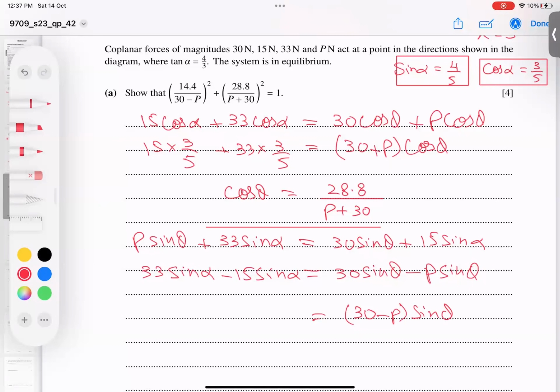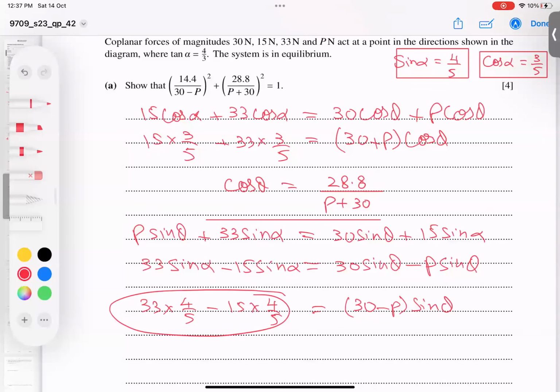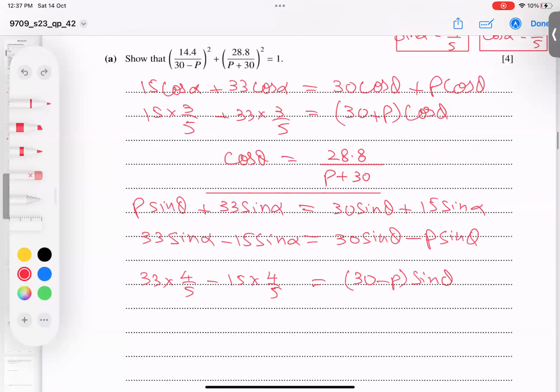I plug in the values: 33 times 4 upon 5, minus 15 times 4 upon 5. If I type it in the calculator, it must come to 14.4. Let me check. If we type it in the calculator, 33 into 4 by 5 minus 15 into 4 by 5, yes, it is coming the same.